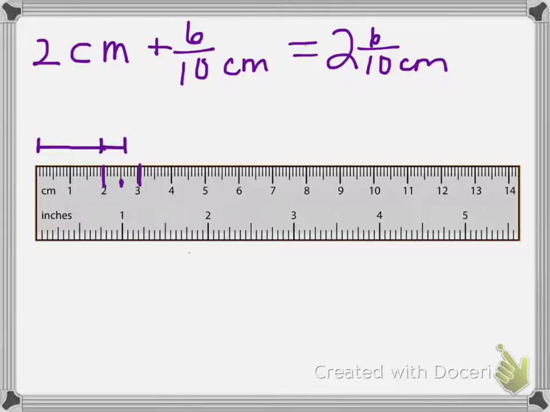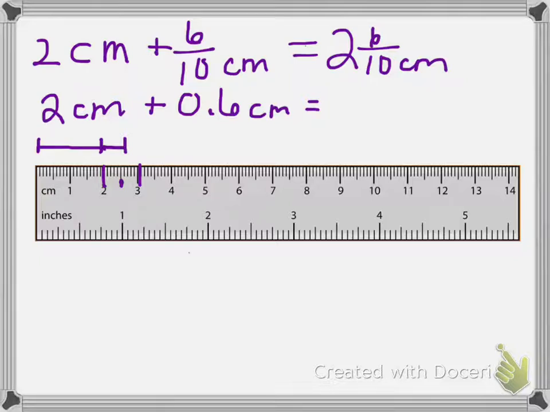Now we are going to turn that into decimal form. My 2 wholes stays the same, 2 centimeters, plus, but yesterday we learned how to turn fractions into decimals. So that's going to be 0.6, but remember, we still say it as 6/10 centimeters equals.